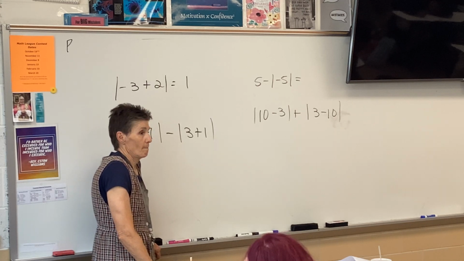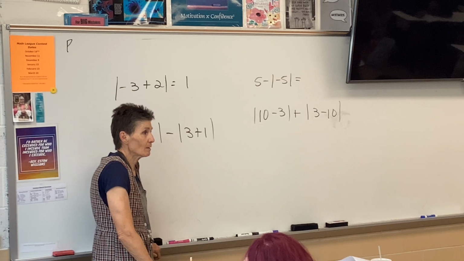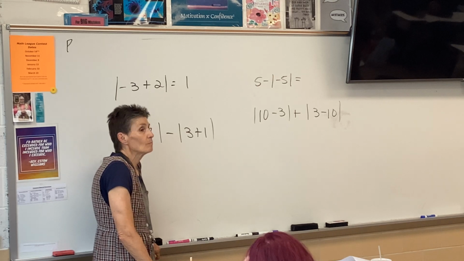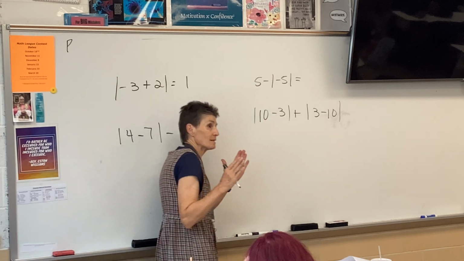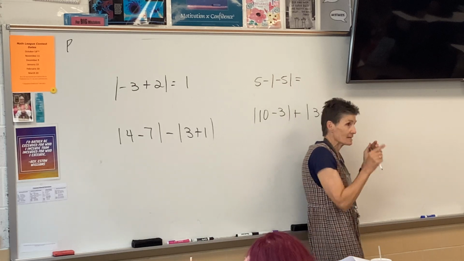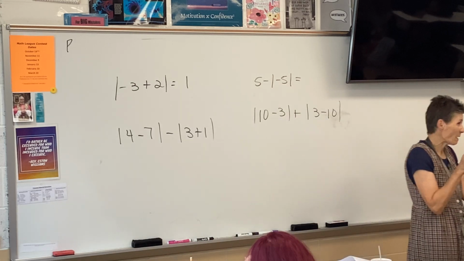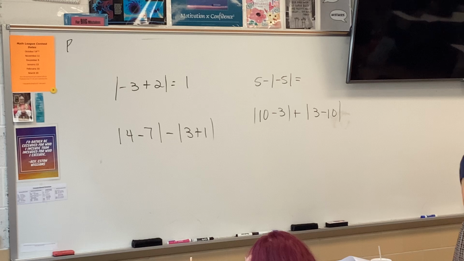The absolute value acts like parentheses, so you do the inside first. Just like you do PEMDAS, do the inside first. So what's -3 plus 2? -1, and then you take the absolute value of it, so it is 1. Good? All right, how about the second one?